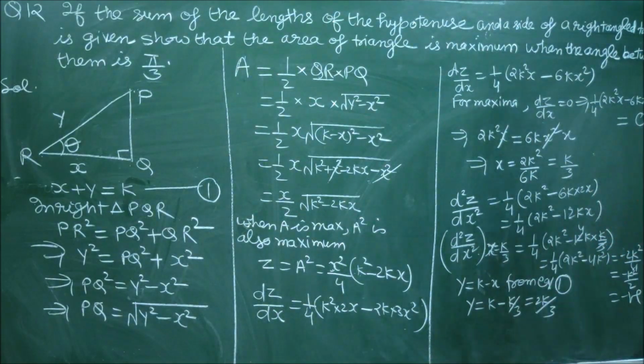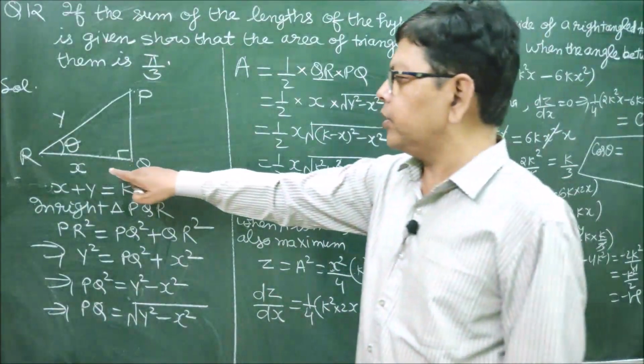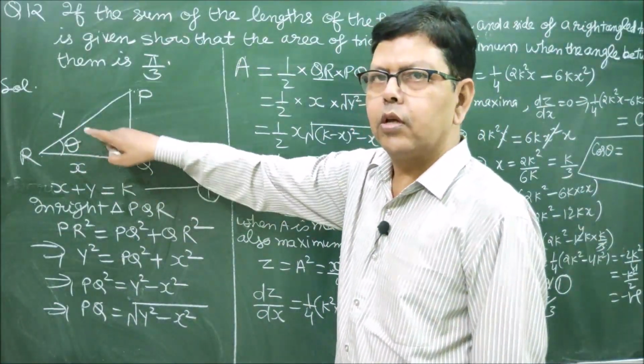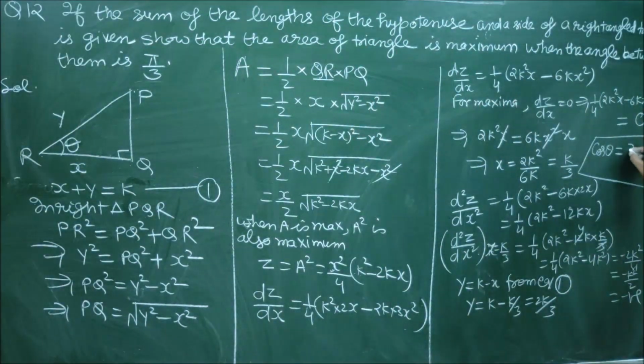Now we have got the value of both x and y. So the angle between the sides PR and RQ, which is theta: cos theta is equal to base upon hypotenuse, x upon y. The value of x is k by 3 and the value of y is 2k upon 3.